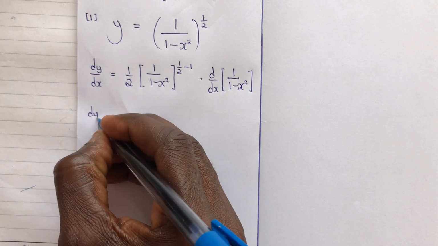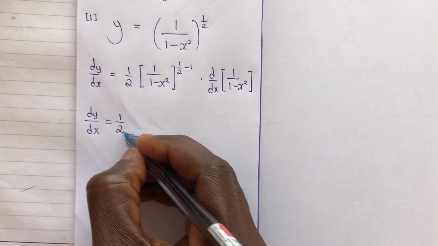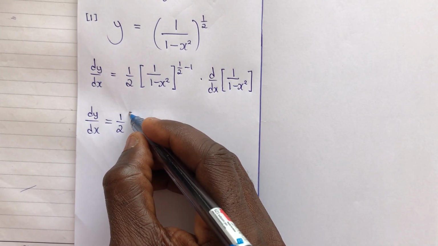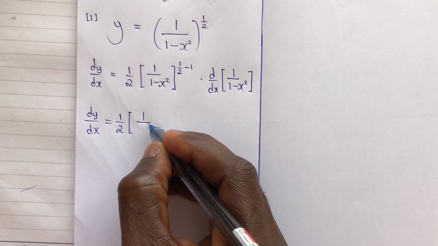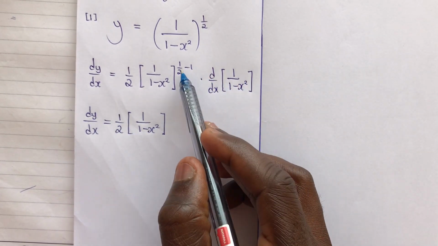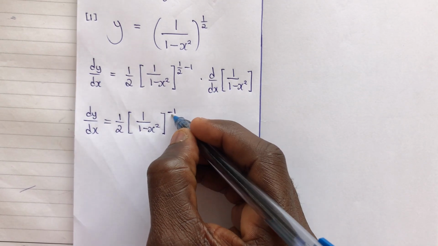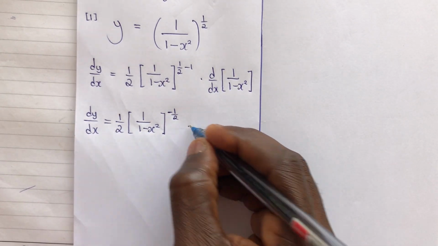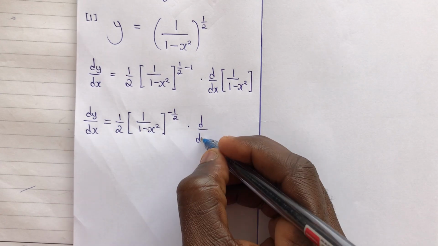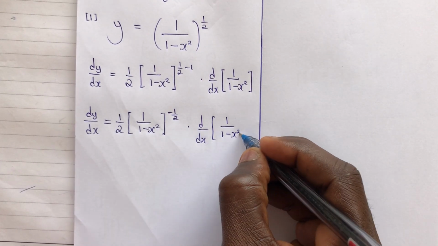So we have our dy/dx being equal to 1 out of 2, then we have into bracket 1 over 1 minus x squared. Now when you subtract this, or when you punch this on your calculator, you have negative 1 out of 2, times the derivative d/dx of 1 over 1 minus x squared.